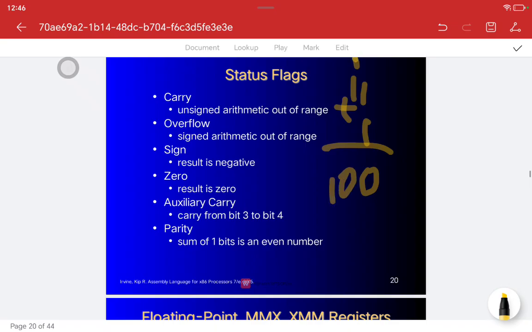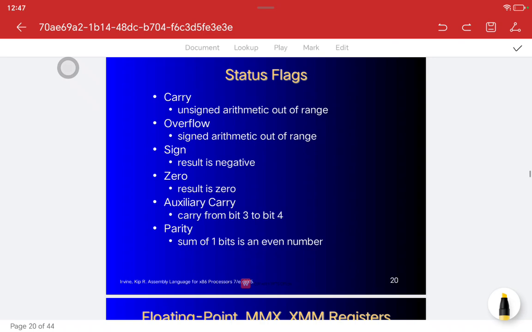So when we talk about a carry, a carry is just an unsigned arithmetic value out of range, so just a positive number. When we say unsigned, we are focusing on a positive number which is out of range. Then when we have a negative one, a signed arithmetic value which is out of range, we call that an overflow.